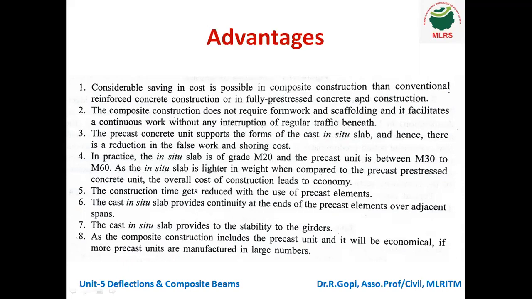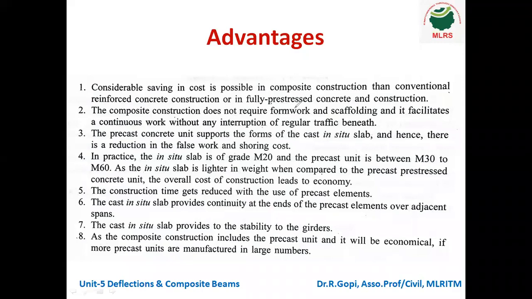This is the first important point, from an economical point of view. Next, composite construction does not require formwork and scaffolding, and it facilitates continuous work without any interruption of regular traffic beneath. Formwork is not needed because the slab rests on the prestressed member only.